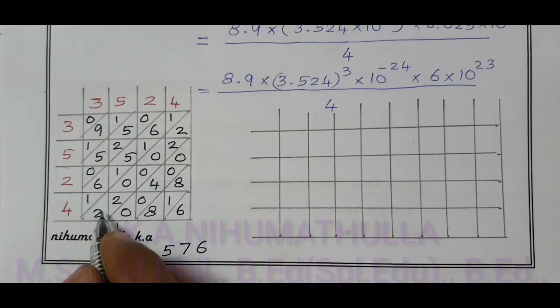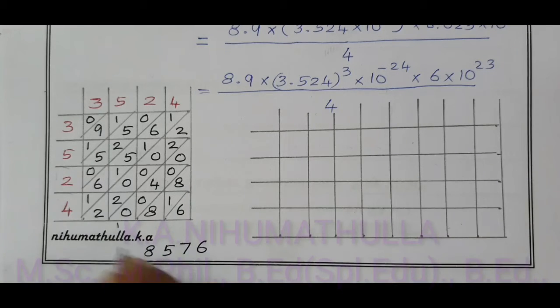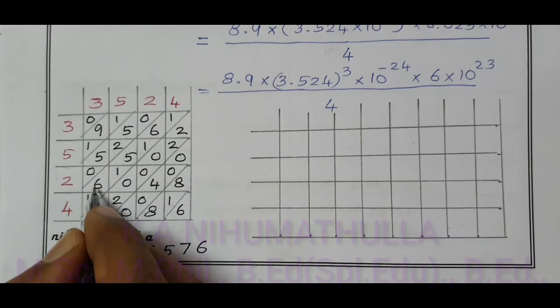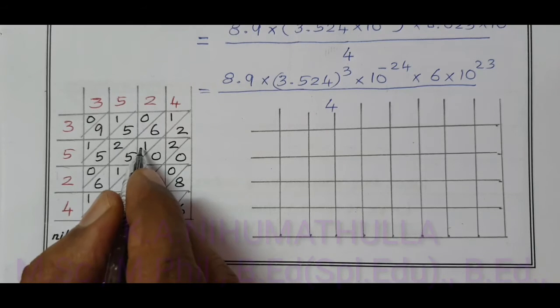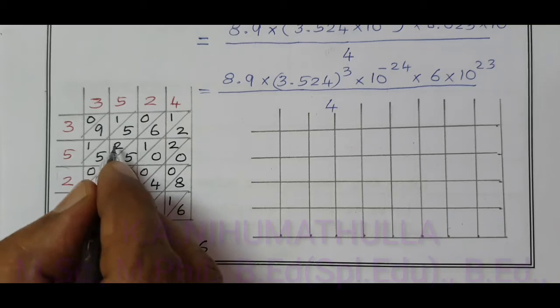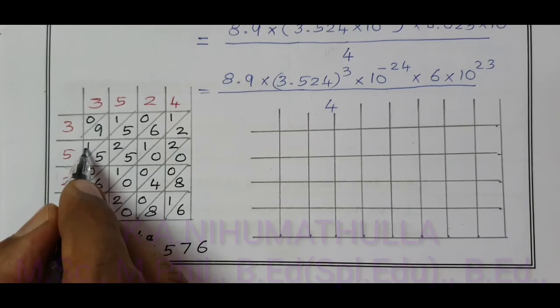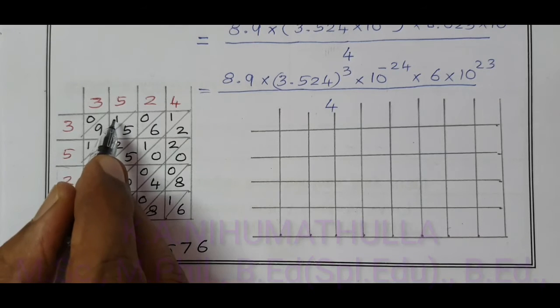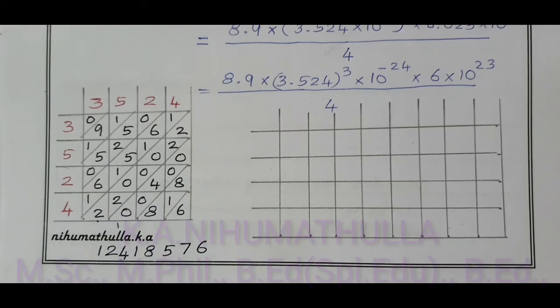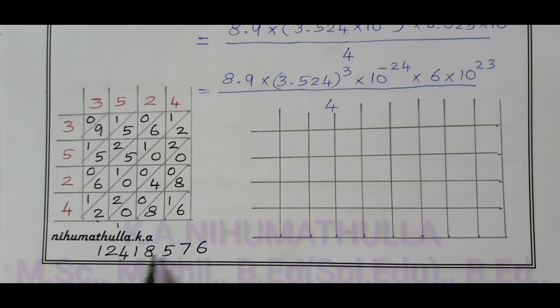Then here 2 into 2, 4, 4 plus 2 equal to 6, 6 plus 2 equal to 8, this part is also over. 7 plus 1 equal to 8, 13, 14, 20, 21, remaining 2. 7, 9, then 14, remaining 1. So here 10, 11, 12. How many digits? Here 3 digits after the point, here 3 digits, totally 6 digits. 12.41. But we have to find out the cubic value.